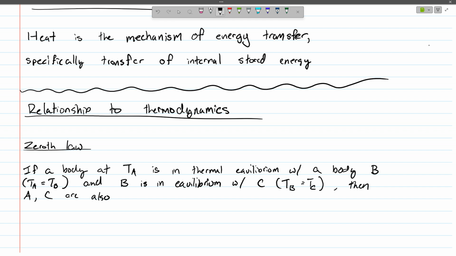A very easy logical extension. TA is equal to TC.